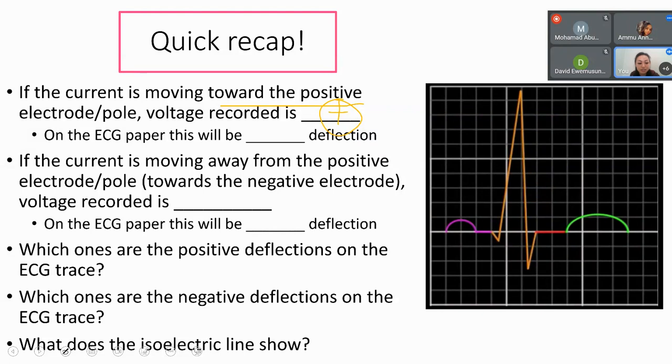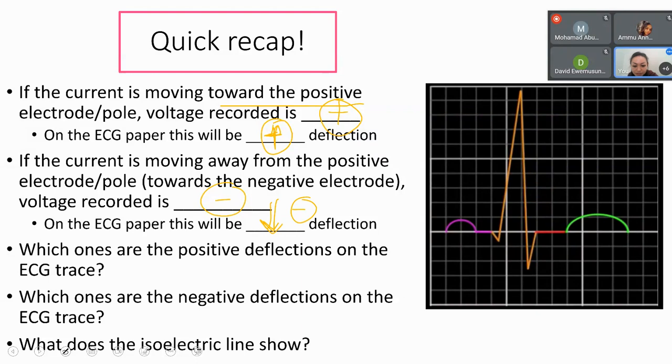And on the ECG paper, is this going to be an upward or a downward deflection? Upward, yes. You can say positive or upward. If the current is moving away from the positive electrode, which means towards the negative, the voltage recorded is negative. And on the ECG paper, this will be a downward or negative deflection.